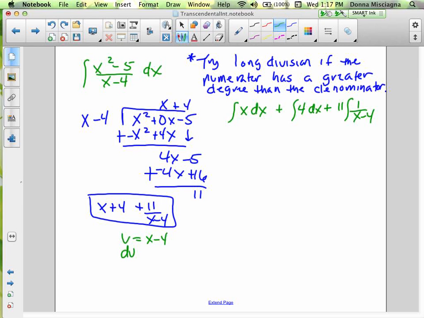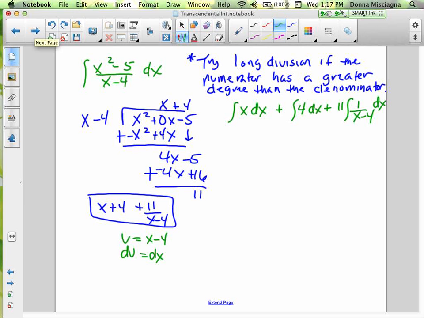The derivative of u equals, the derivative of x is 1, and the derivative of the negative 4 is 0, so du equals 1 dx. So we're going to replace the dx with du, and we're going to replace the x minus 4 with u.